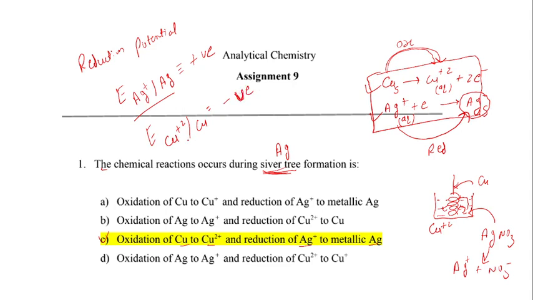So here two reactions are going on. The first has a positive reduction potential, whereas the other reaction has a negative potential.